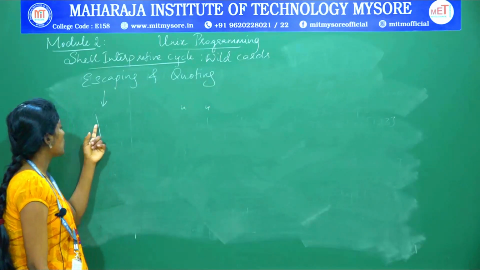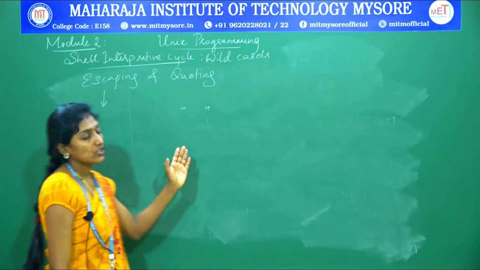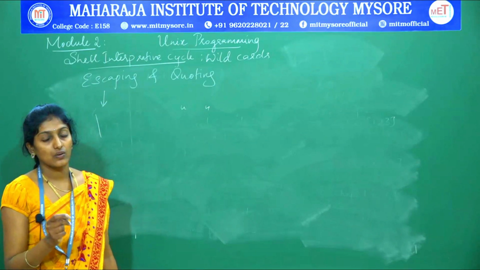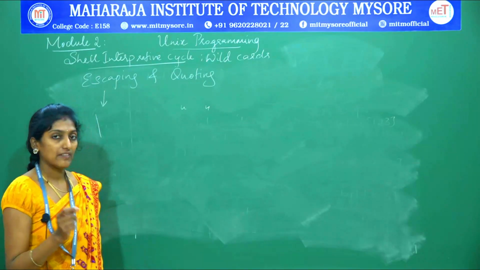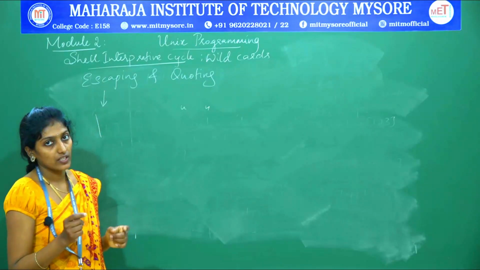Escaping uses the backslash, whereas quoting uses double quotes. If I want to remove the special meaning of a character represented by a wildcard while matching any file pattern, just go with this escaping and quoting concept.